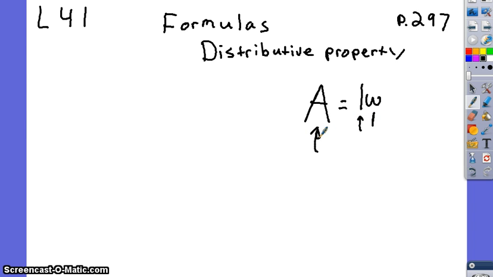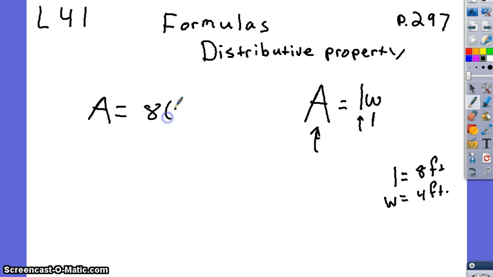So if you were told to find the area of a rectangle when your length equals 8 feet and your width equals 4 feet, you could simply do that by writing the problem out as A equals 8 times 4. That means A equals 32 square feet. And that's all it simply is. It's a formula.